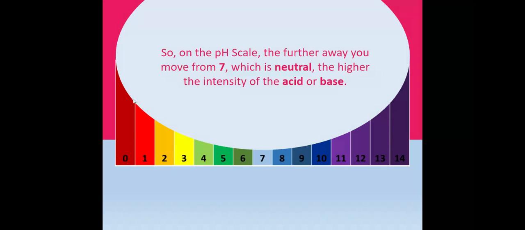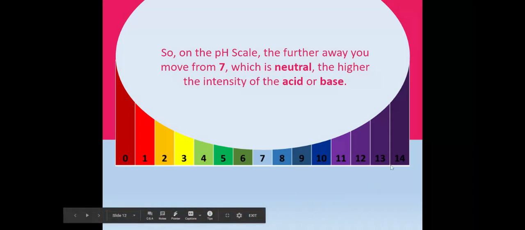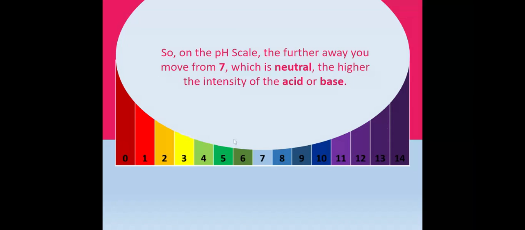So our acids that come up as a 0 on the pH scale are very, very acidic, while our bases that come up on the 14 here will be very basic. The further away from neutral something is, the more dangerous it is. Okay? So that's just something to think about.